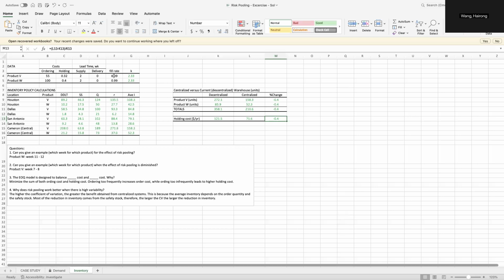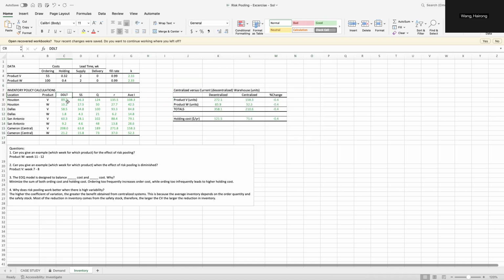And then we would like to achieve a fill rate equal to 0.99, which means our Z value, denoted as K here, should be equal to 2.33. All right. Then for this table, I will first go through how to calculate the quantities in this table, and then move to the next table.